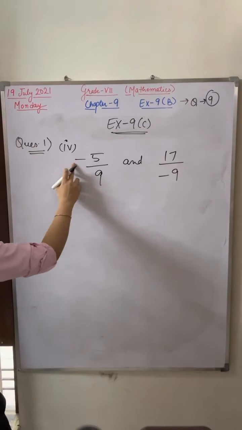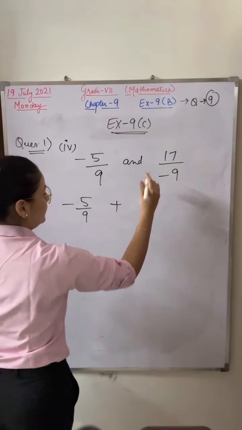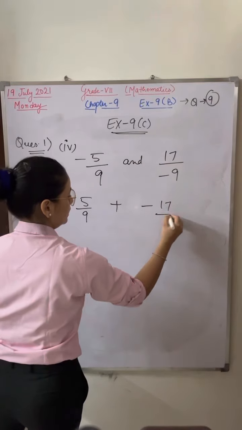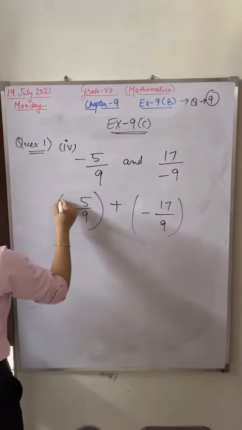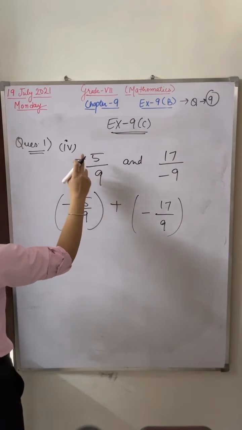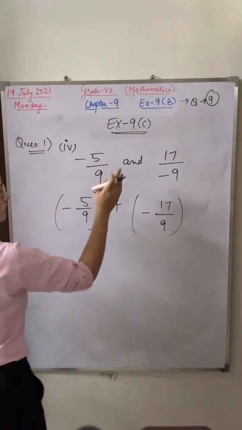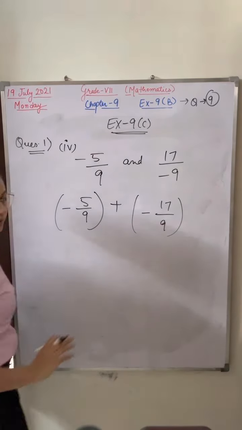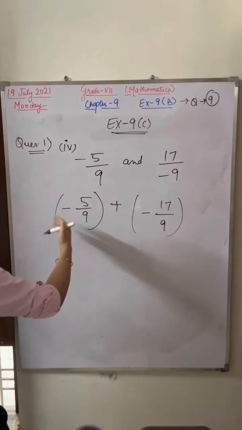So this means minus 5 upon 9 plus minus 17 upon 9. This minus sign is common. If the minus sign is written in the numerator, it is the common sign for both. If it is written in the denominator, it is again the common sign for both. Minus sign can be written anywhere. It is a common sign.